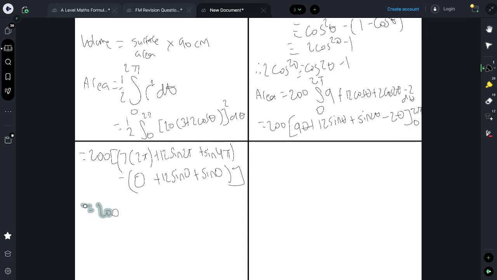So we get 200 of 7 pi plus 12 sine 2 pi plus sine of 4 pi, minus 12 sine of 0 plus sine of 0.